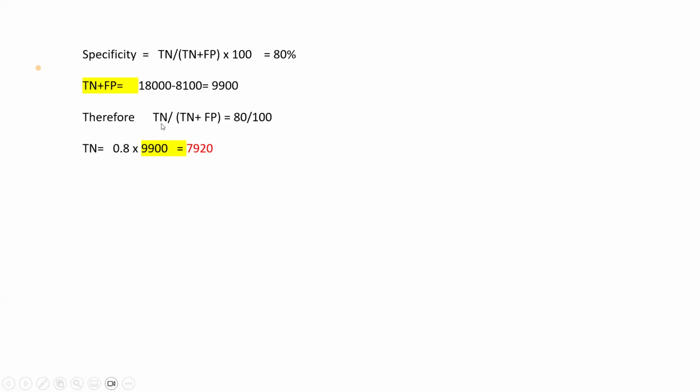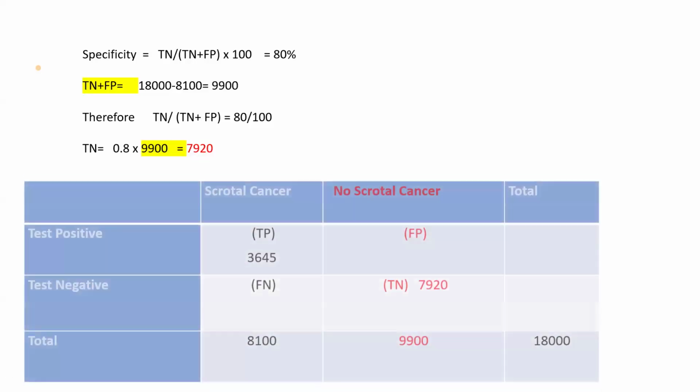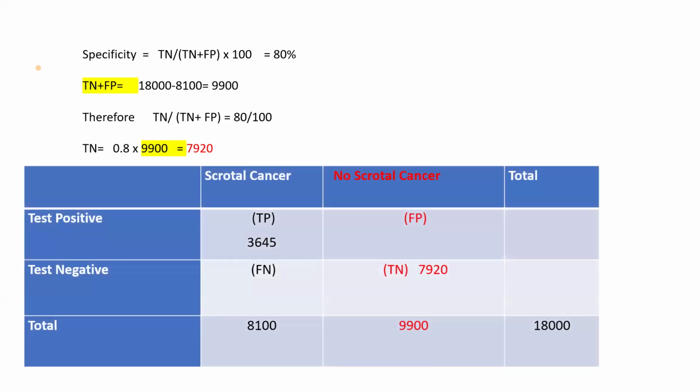So we can put in our formula: TN divided by 9,900 is equal to 80%, or in this case, 80 divided by 100. If we transpose for TN, we have TN equal to 0.8 times 9,900, and that total is equal to 7,920. So we can put that in our table also.